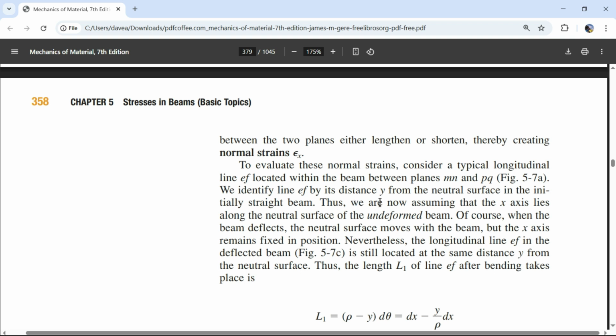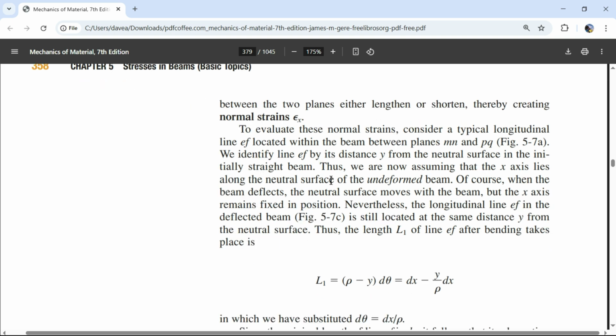All right, so thus we are now assuming that the x-axis lies along the neutral surface of the undeformed beam. That's part of where we choose that axis has to be along the neutral axis.